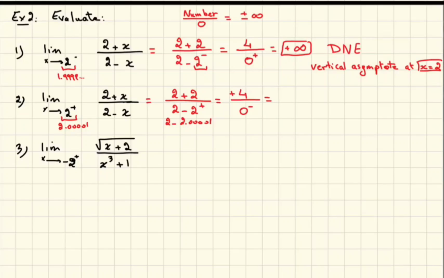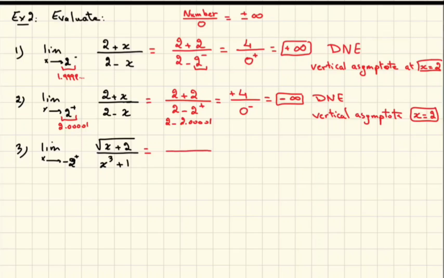Now, positive over negative, it's gonna be negative. 4 divided by 0, which is a number divided by 0, is just infinity. Whenever you don't get a number, you get infinity, we say the limit does not exist. And also in this case, we say we have a vertical asymptote at x equals 2. Let's check the last example.